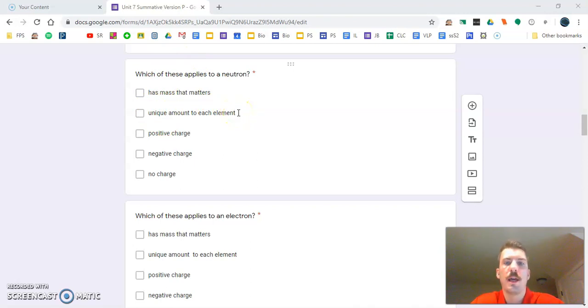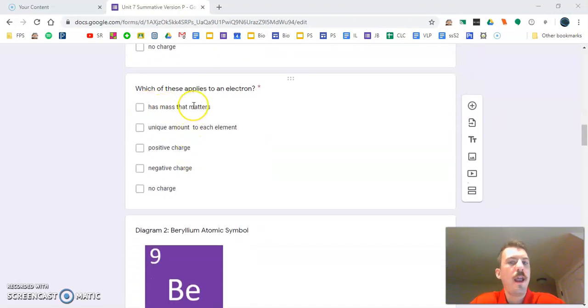Carbon, some carbons have 6 neutrons, some have 7, some have 8 neutrons, but it's still carbon. Positive charge, no. Negative charge, no. No charge, yes. So to review, neutrons have mass that matters, a unique amount to each element, and have no charge. That's for full credit on this question.